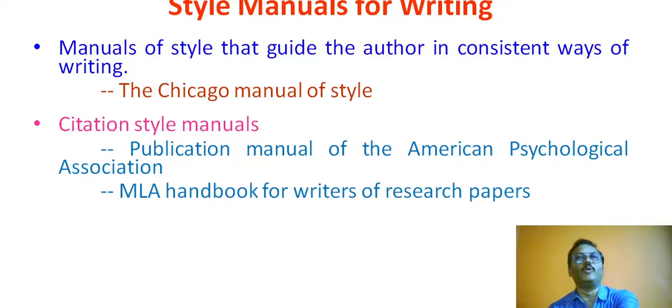The MLA handbook is also there. You can download these. But the main point here is that all the references cited must be mentioned in the references section using the same style. Consistency should be there. Don't change the styles as you like.